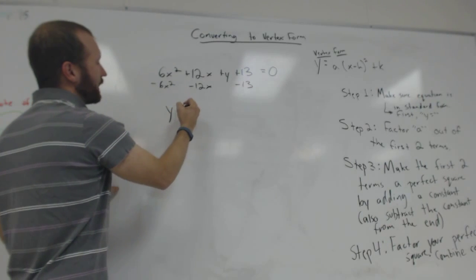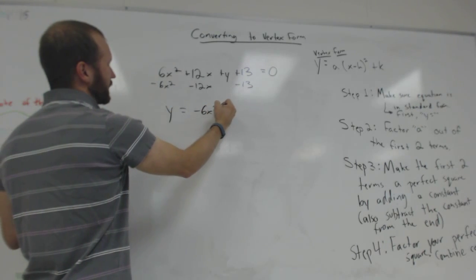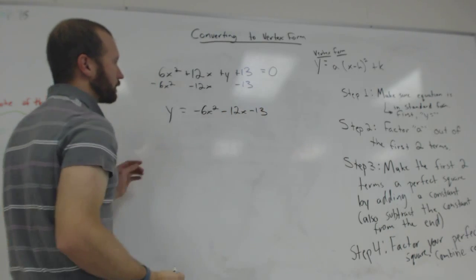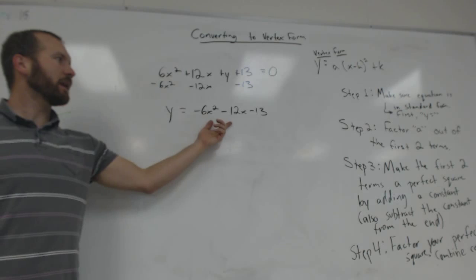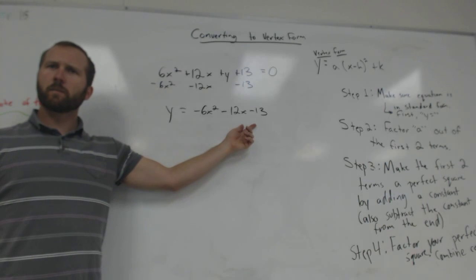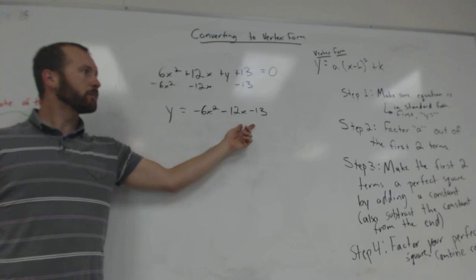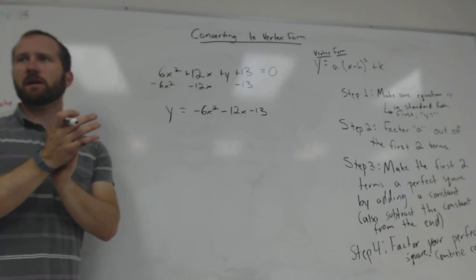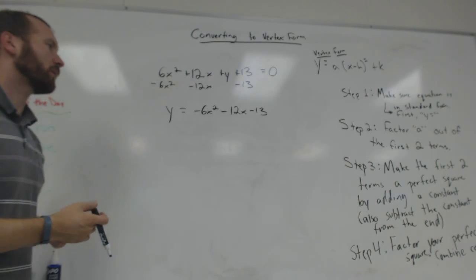So then I have y alone equals negative 6x squared minus 12x minus 13. Is there anything that I need to rearrange here before I start step 2? No, I have x squared, x, 13. There's nothing that can be combined or reordered.